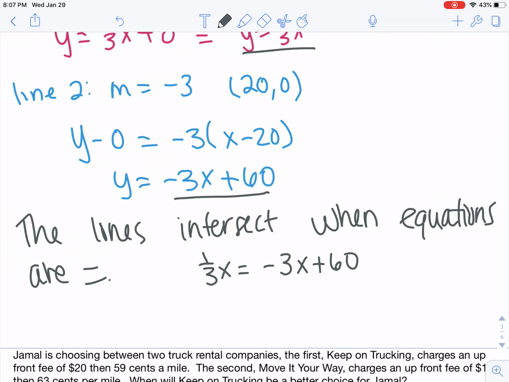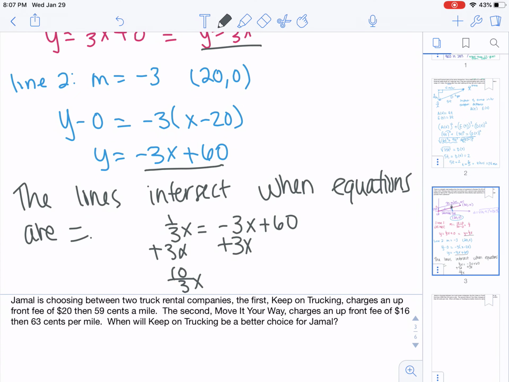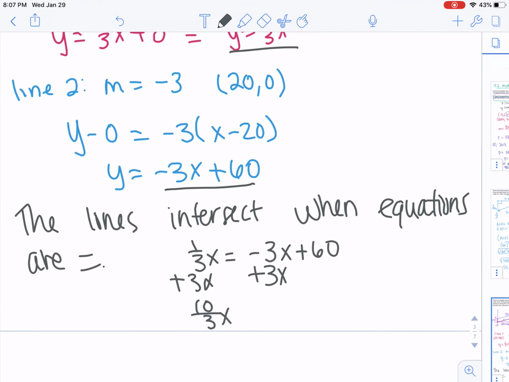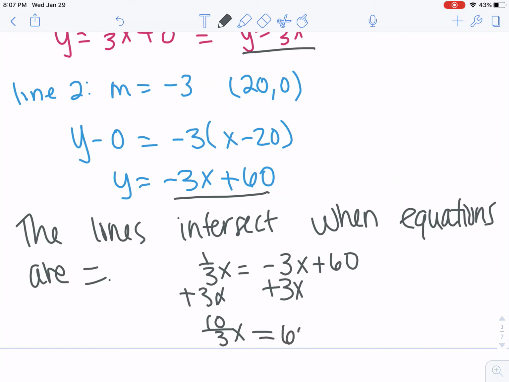Okay, so if you want to solve, you're going to add your 3x over. Well, you have to find a common denominator. That's going to be 9/3 plus 1/3 makes 10/3 x equals 60.